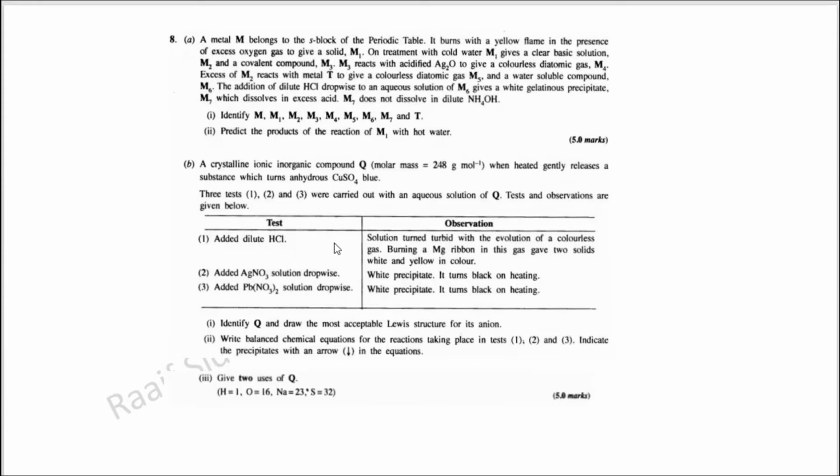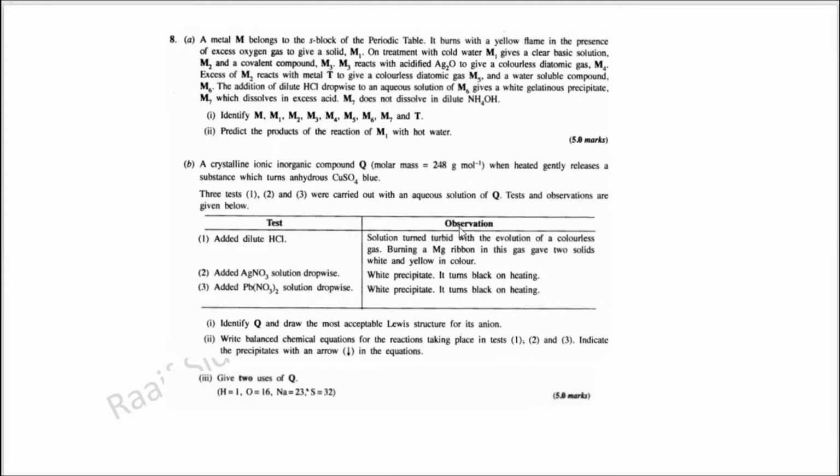So which one normally gives a turbid solution? It gives turbidity with evolution of a colorless gas. And burning magnesium ribbon in this gas gave 2 solids. Now one of the solids is yellow in color.